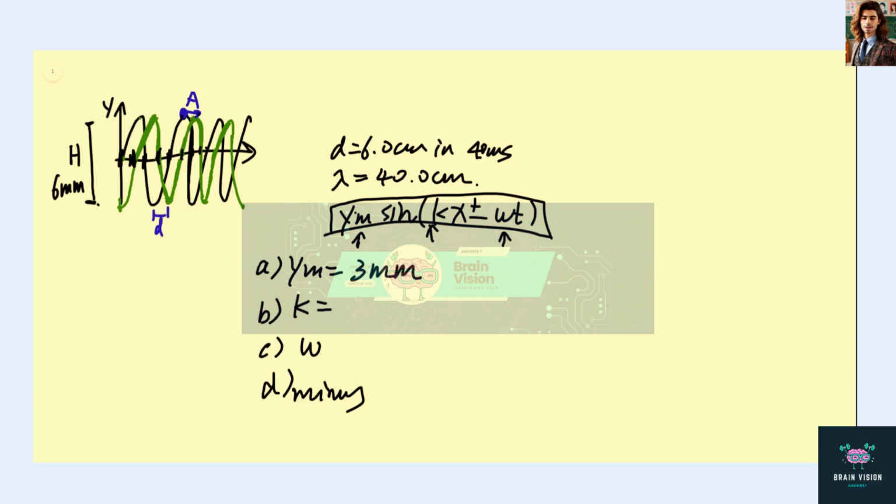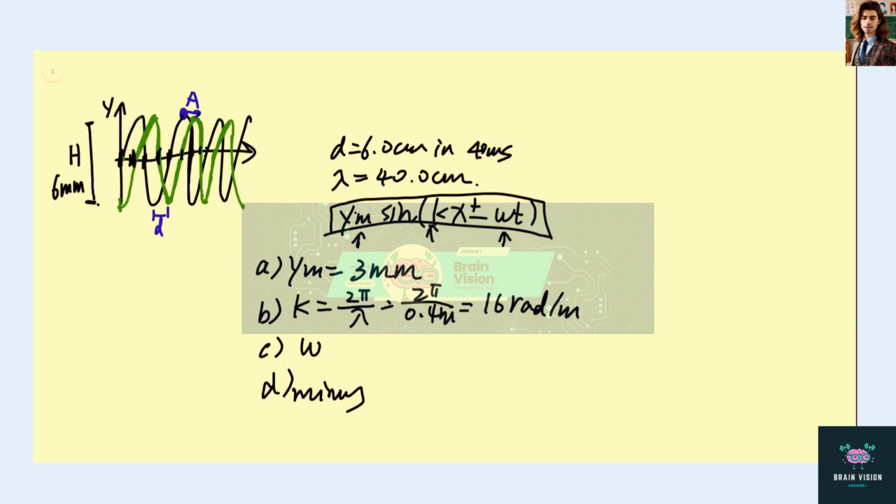And then to find k, the wave number is equal to 2 pi over lambda. And we find that lambda is 40 centimeter. So we can say this, and this gives us k equals 16 radian per meter.